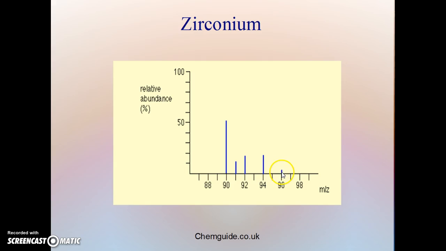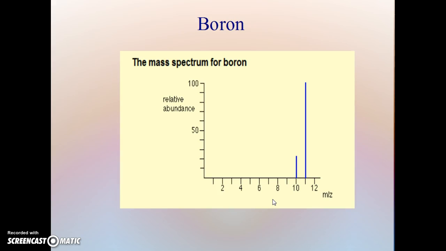This is probably around 3%, and this is in the vicinity of 20%. Do those calculations and compare it with zirconium in your periodic table. And then boron, this is not a particularly exciting one to do, but you can work on this one as well. Turn the YouTube video off and do the calculations and compare it with what you see.